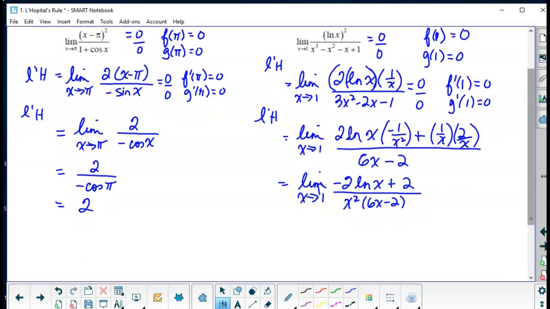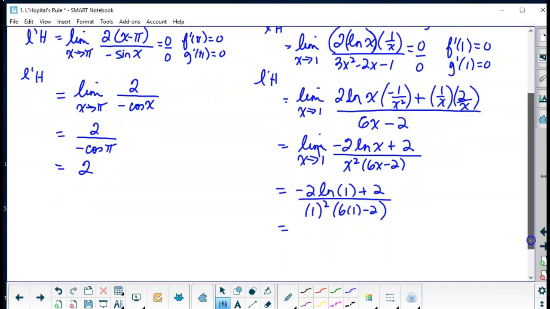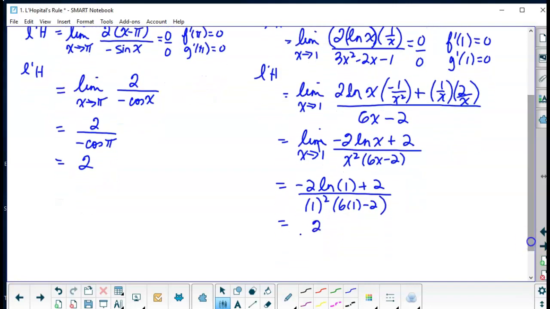Right now, I don't really need to because I'm not going to get a 0 in the numerator or the denominator. So I can just substitute in. So 2 ln 1 plus 2. And that's going to be 2 over 4, which is 1/2. Okay, so that's the limit.